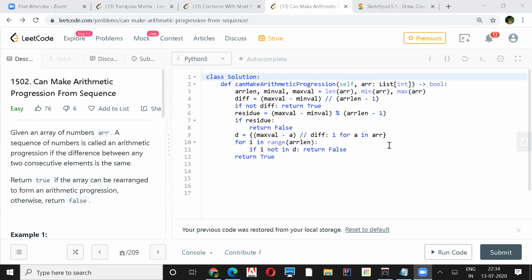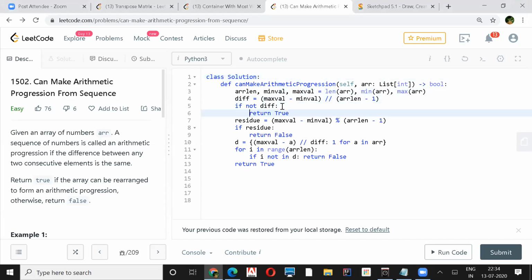I didn't understand this if condition. Is it if greater than 0 return false, or something like that? Yeah, if it is 0, then it will return true in that case. Otherwise, false. If greater than 0, it will return false. Okay.